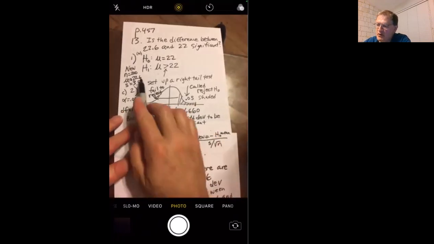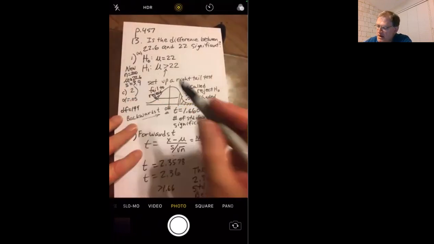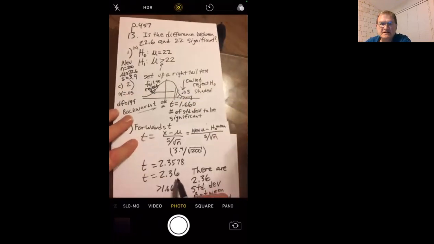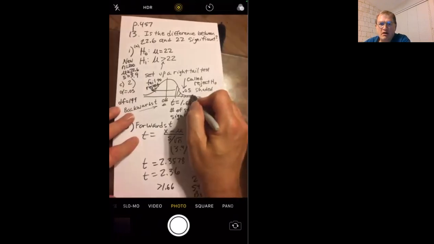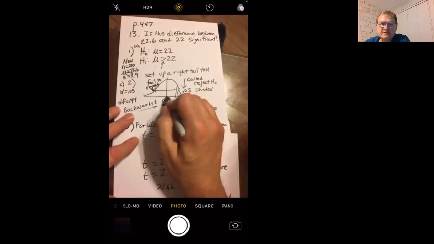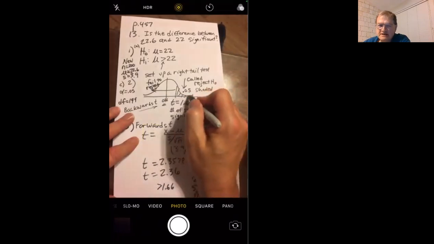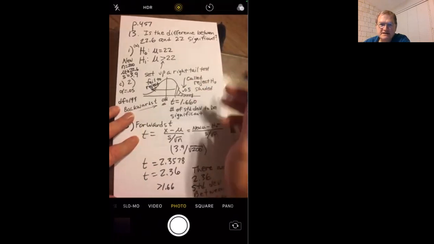This one with a mean of 22.6 gave you a t of 2.36 standard deviations, throwing you way over here, bigger than 1.66, big enough to be significant.